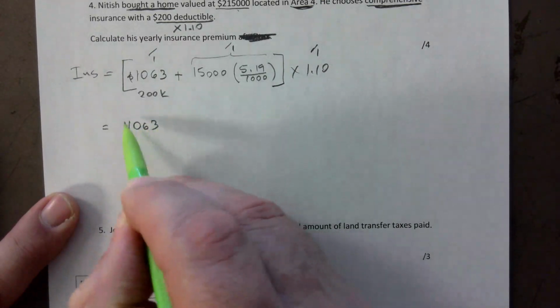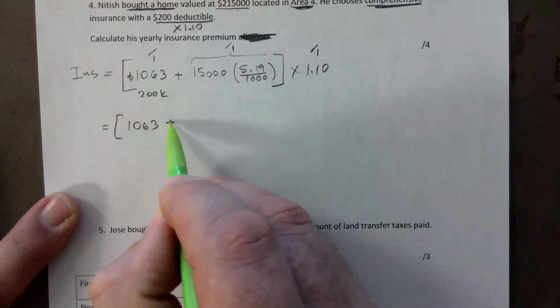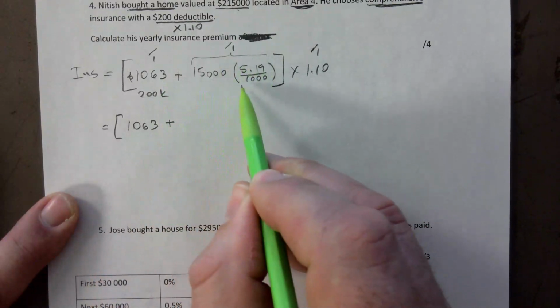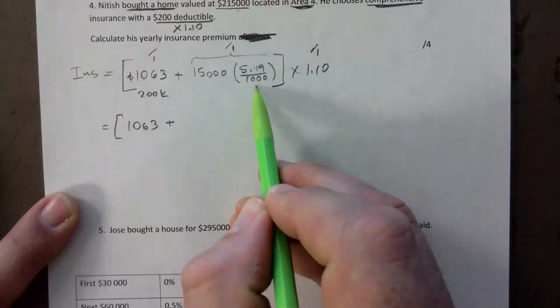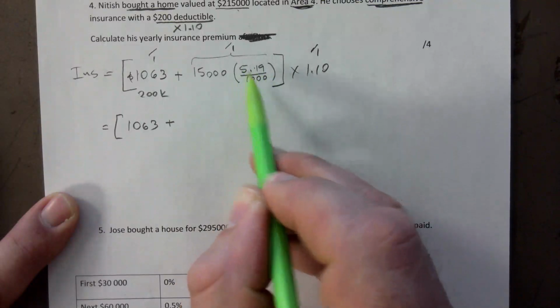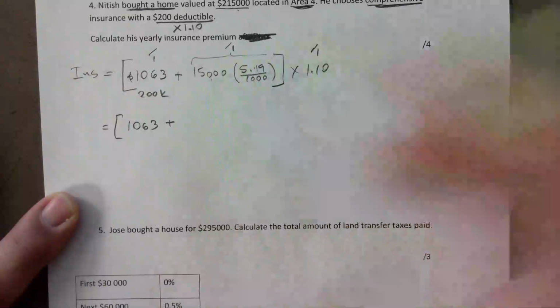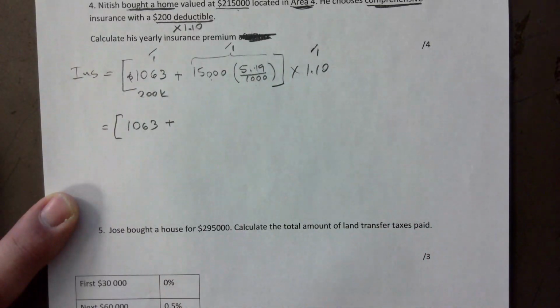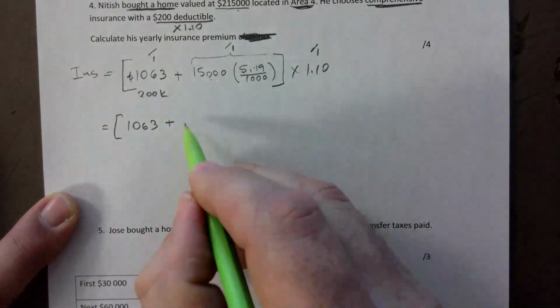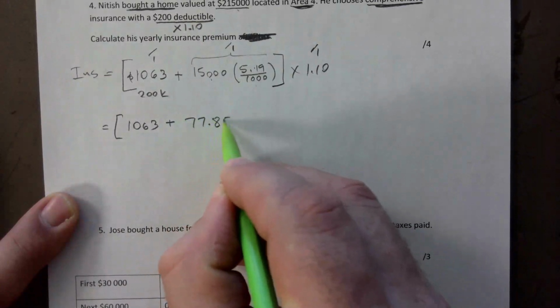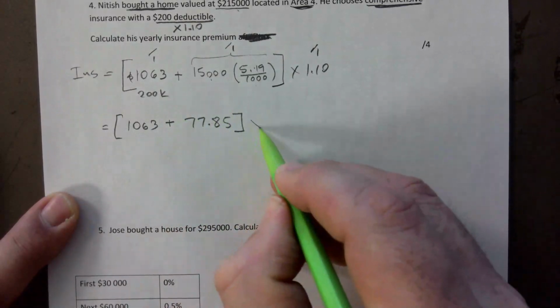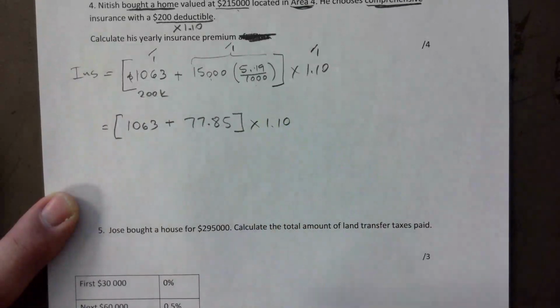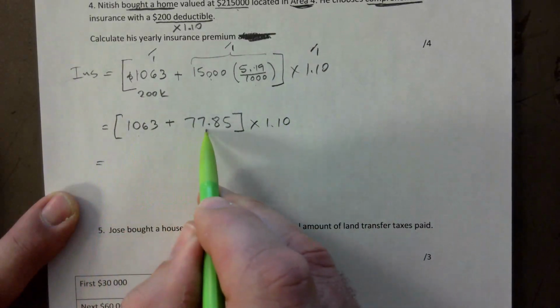So this would be 1063. Make sure you do this separately. So you go 519 divided by 1,000. That's probably a good idea. And then multiply that by 15,000. That gives you 77.85. Okay. And at the end, we're going to multiply by 1.10. Add these two up.